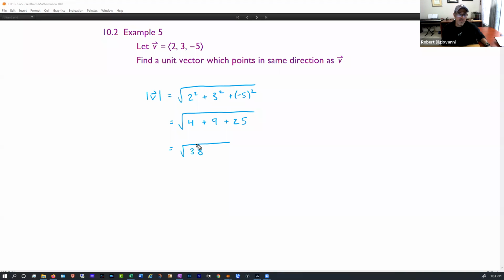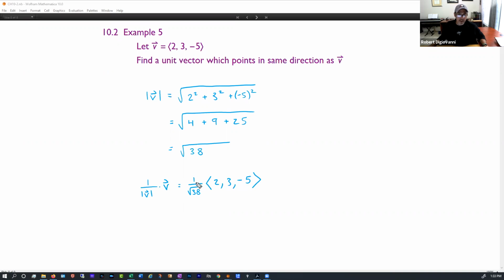Okay, any questions so far? That's how long that vector is. So to find a unit vector that points in the same direction, what I'm going to do is take 1 over the magnitude of v, which is a number, and multiply it times v, the vector. And so this should give me 1 over the square root of 38 times the vector 2, 3, -5.